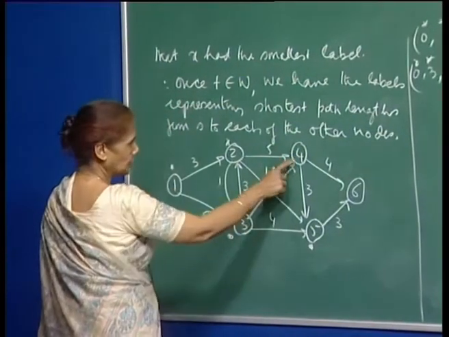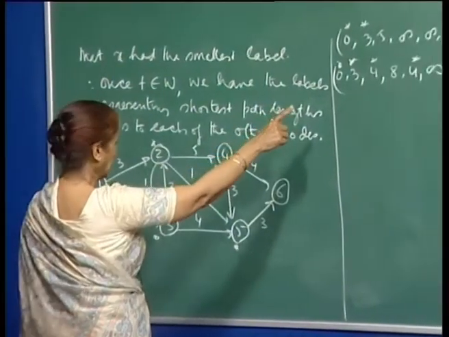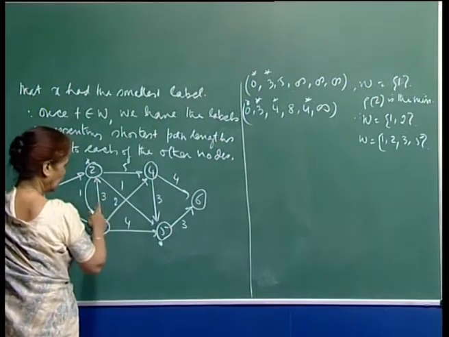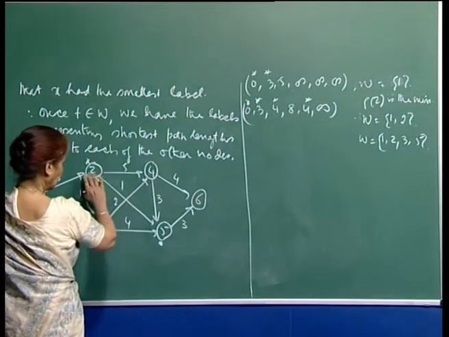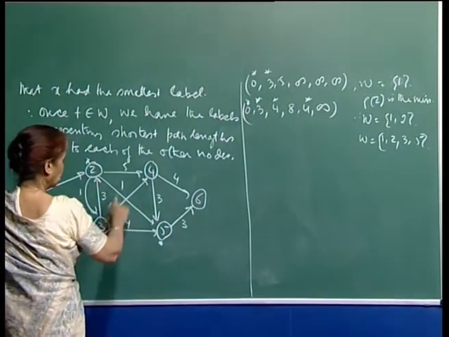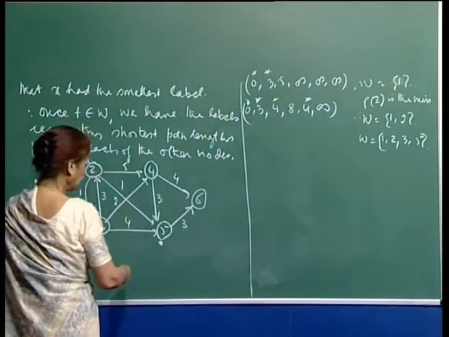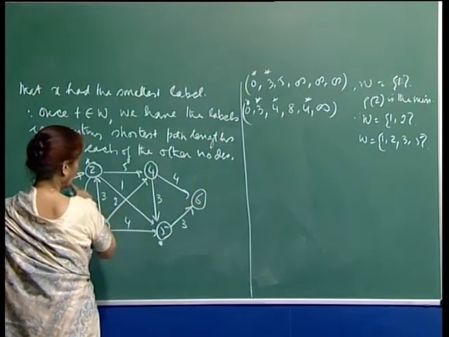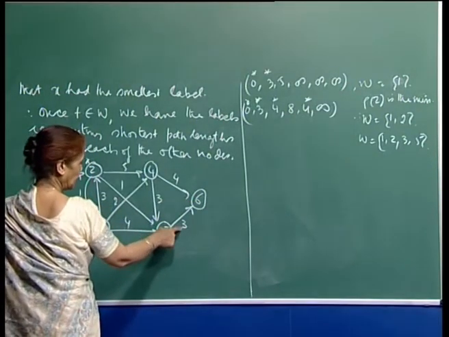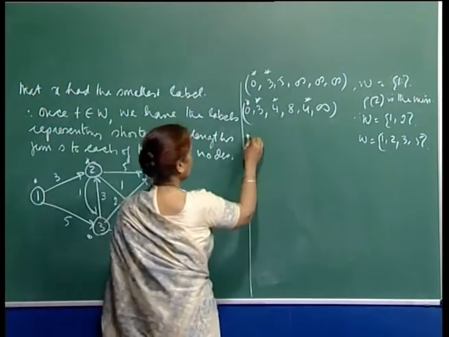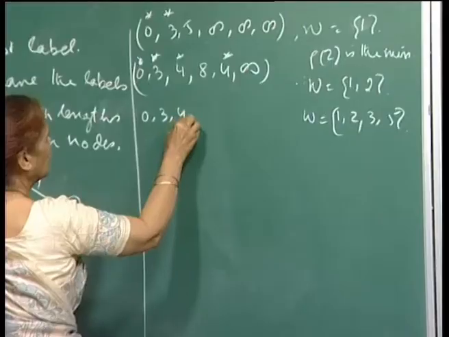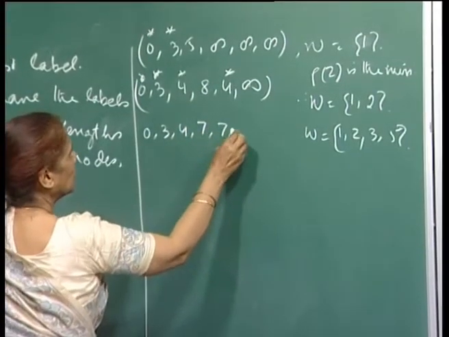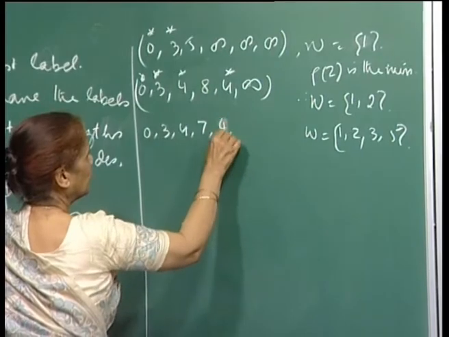So this is 5 plus 2, 7, and the earlier one is 8, right, and there is no other path to reach 4 from 2, right. So that gets updated to 7, and from 5 you see that this will get updated. So 3 plus 4 is the old one, so 4 plus 3, 7. So now the new labels are 4 and 7.